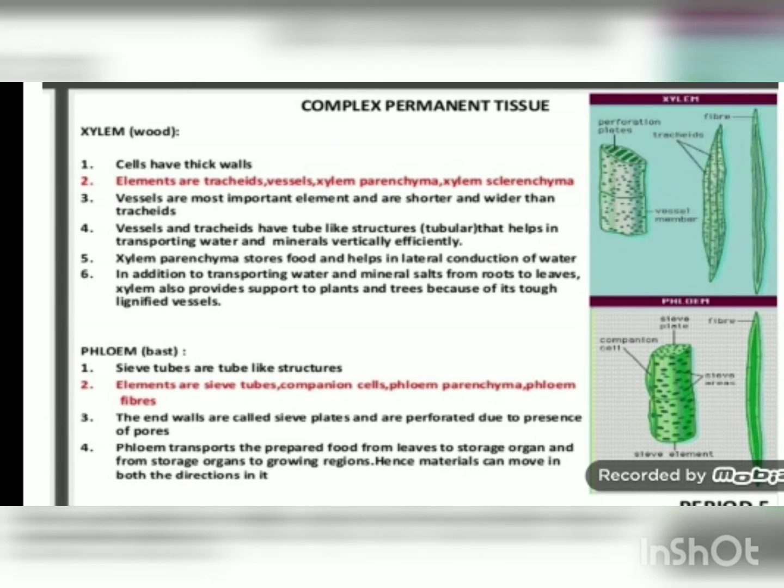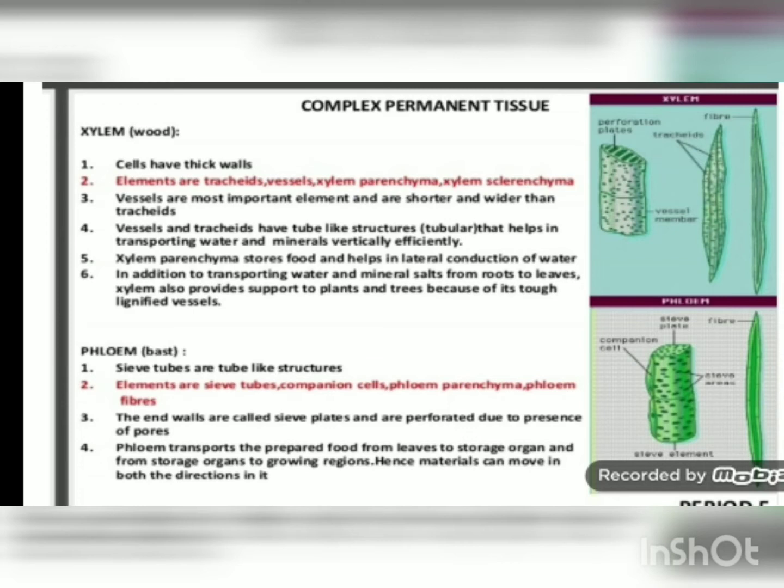Now we'll see some more things about xylem and phloem. Xylem cells have thick walls. The elements are tracheids, vessels, xylem parenchyma and xylem fiber. Vessels are the most important elements and are shorter and wider than tracheids. Vessels and tracheids have a tube-like structure that helps in transporting water and minerals vertically and efficiently.